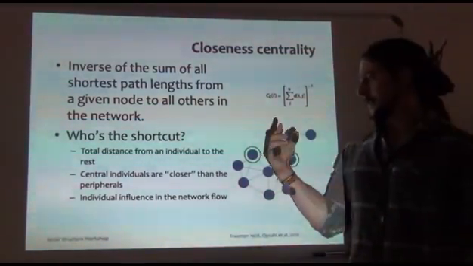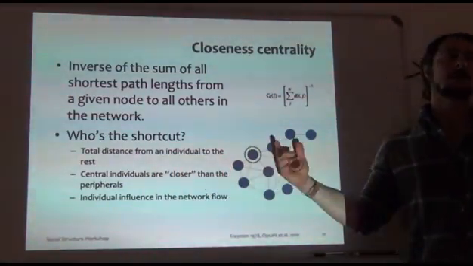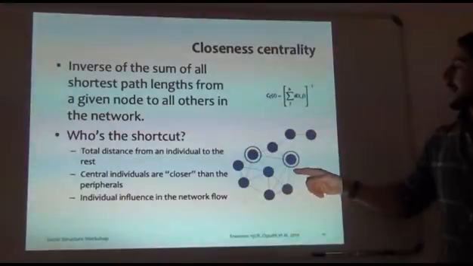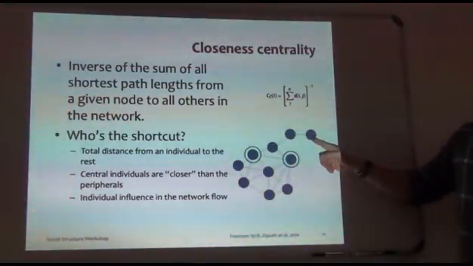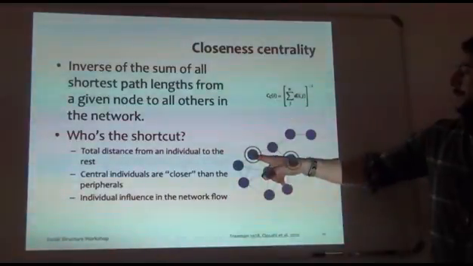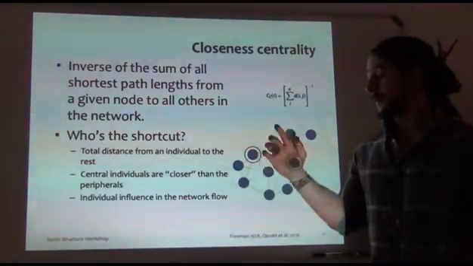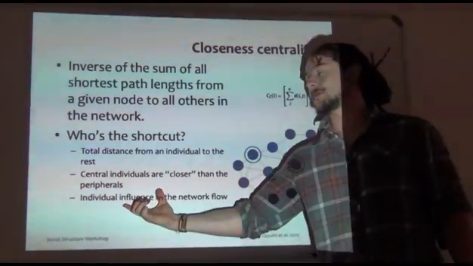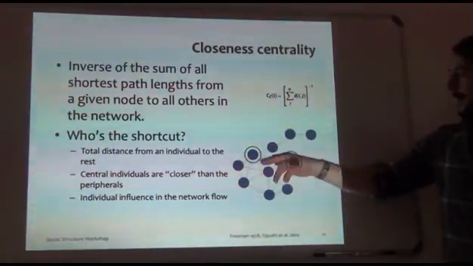So the idea is the central individuals tend to be closer to the others, so there will always be a short path passing through him as opposed to the other peripheral individuals. So to reach this guy, you always need longer paths as opposed to this or this or this guy. So this is a good measure if you're trying to infer the influence of an individual in the network flow. Say, for example, information.